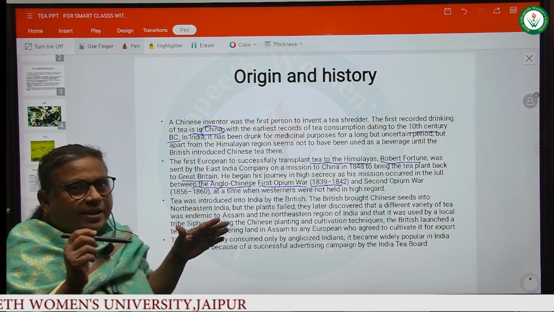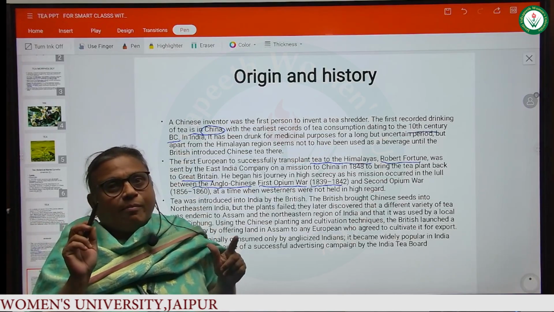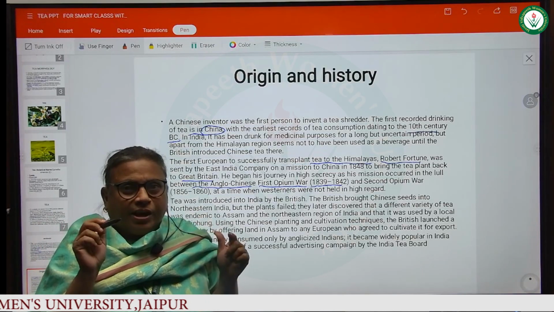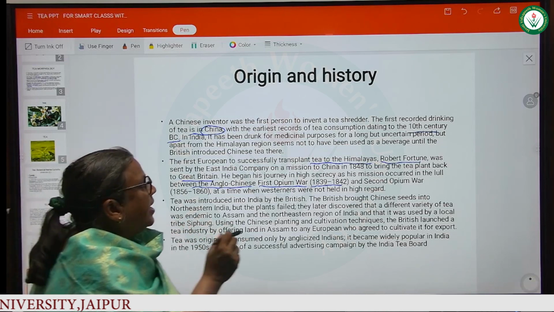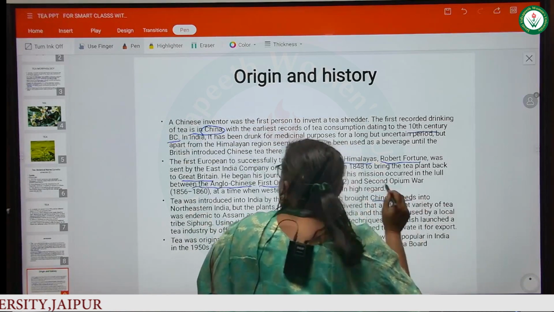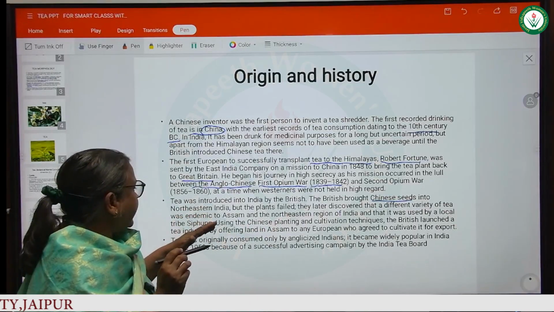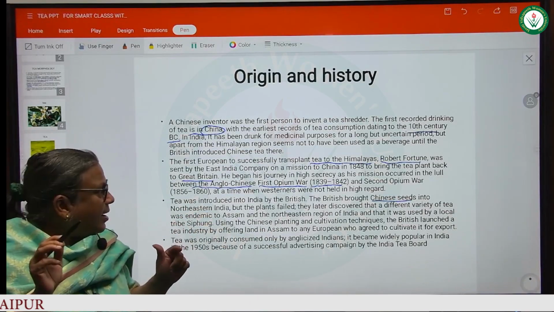So tea was introduced in India by the British. The British brought Chinese seeds into northeastern India, but the plants failed.